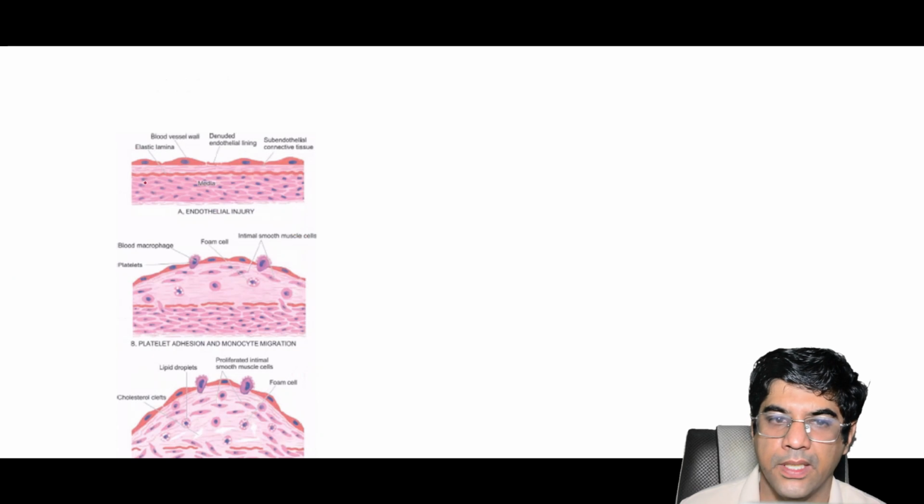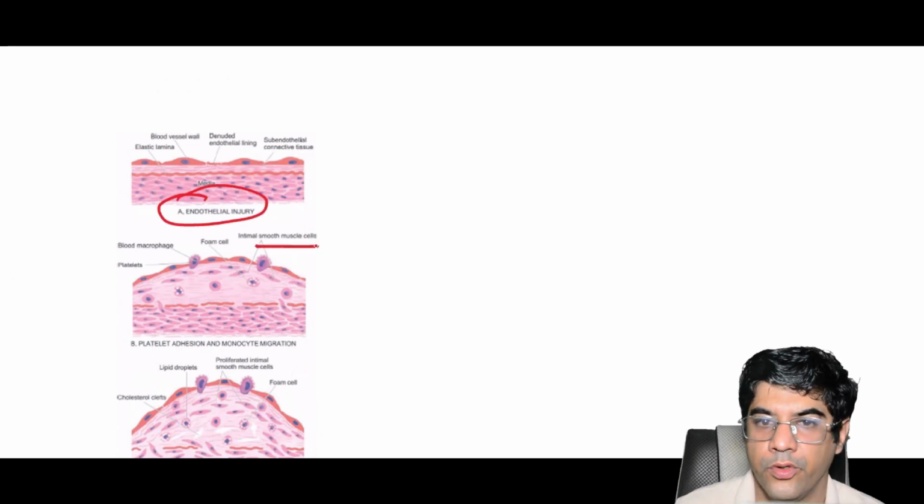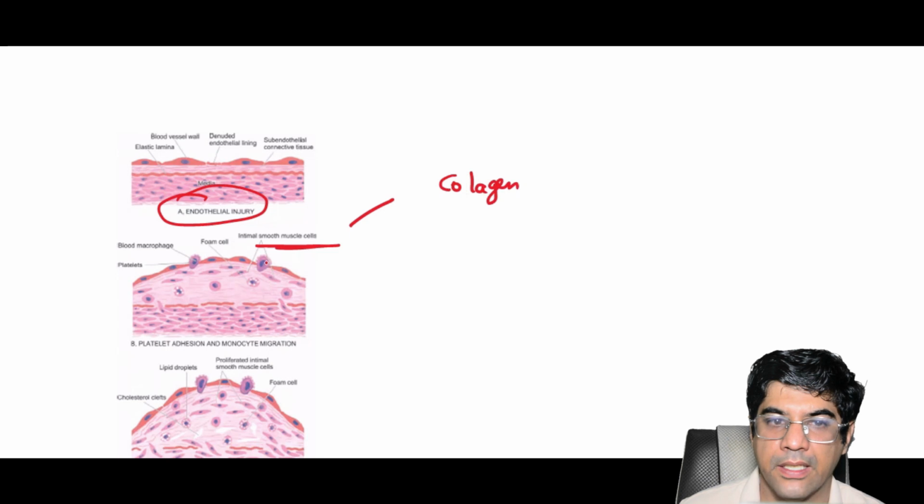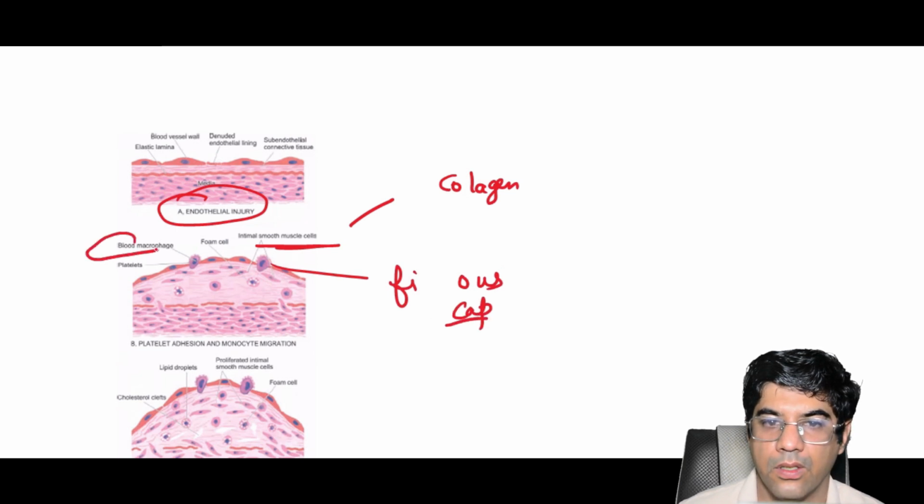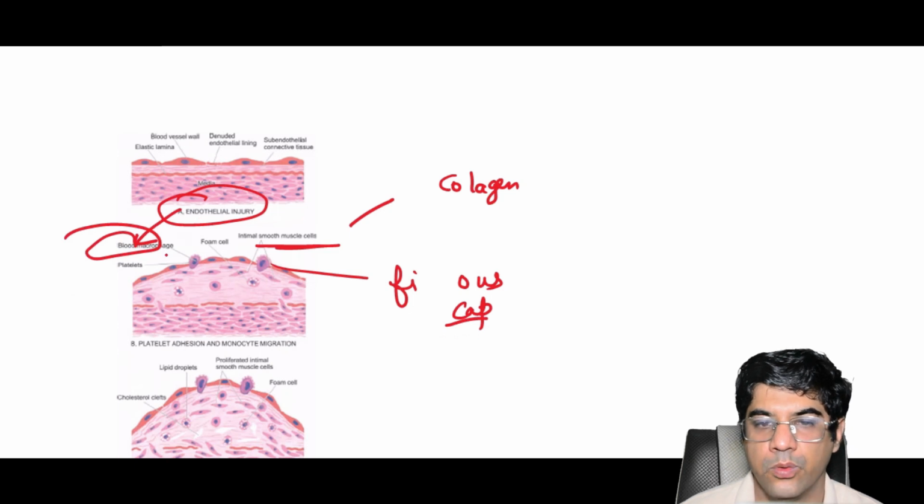After the endothelial injury, the smooth muscle from the artery wall migrates to the damaged area. They multiply and produce proteins like collagen and elastin that form a fibrous cap over the growing plaque. The blood monocytes are attracted to this damaged endothelium.